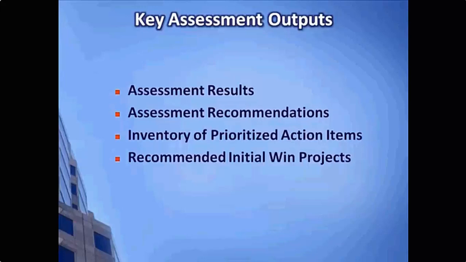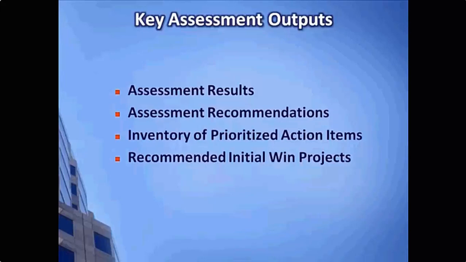The recommendations should also include impact statements that describe what might be expected if you don't follow through with the implementation. And then our recommended initial win projects will group those action items into those win projects, and this will be an inventory of what those projects are. Those will provide noticeable short-term benefits to IT and the business organizations they support. Think of an initial win project as a sub-project within your implementation program.